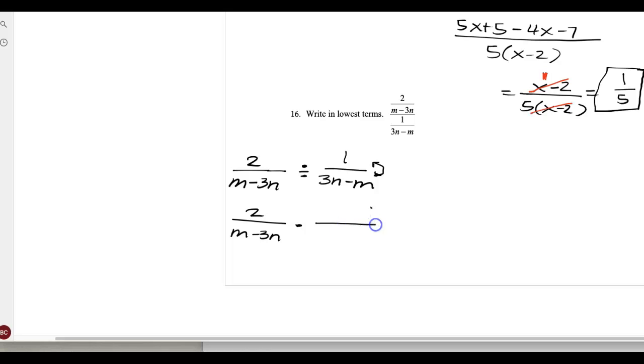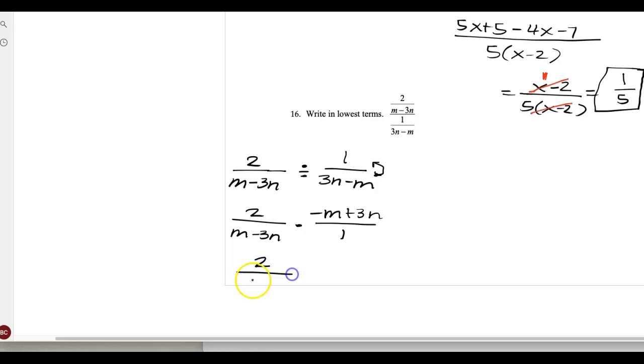What if we change that around so that we have negative m plus 3n? Then it's easier to see, oh, these are almost the same, except I need to factor a -1 out. If I factor a -1 out of that negative m plus 3n, then it's going to be the same as what I have on the bottom, right?